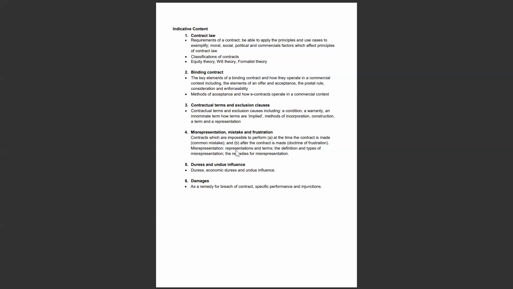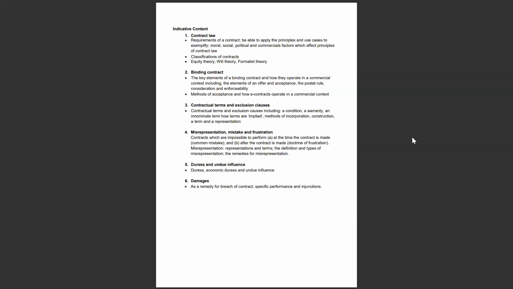So contracts which are impossible to perform at the time the contract is made, common mistake, and after the contract is made, doctrine of frustration, misrepresentation, representation and terms, the definition of the types of misrepresentations, so negligent, fraudulent misrepresentation, and the remedies for misrepresentation and the damages.